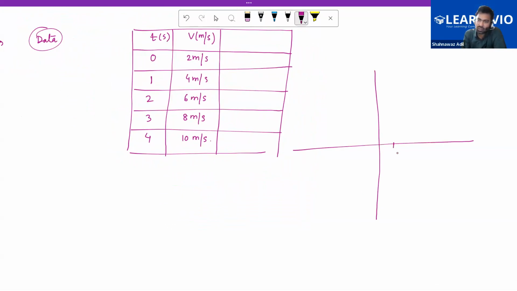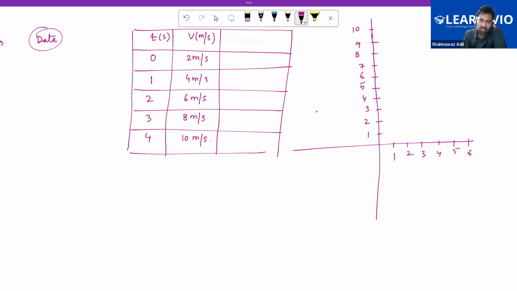This axis is 1, 2, 3, 4, 5, 6 and this one is 1 to 10.